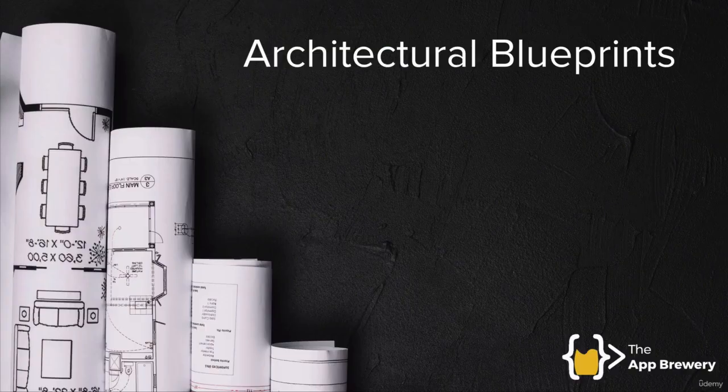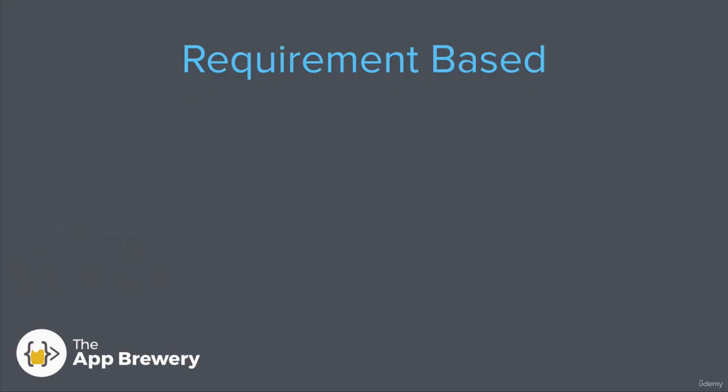So at the end of the day, these different ways of managing state are just simply architectural blueprints. And there can be different architectures depending on, say, your requirements. So you might have certain design patterns or state management methods that are better because they fulfill a certain requirement of your app.